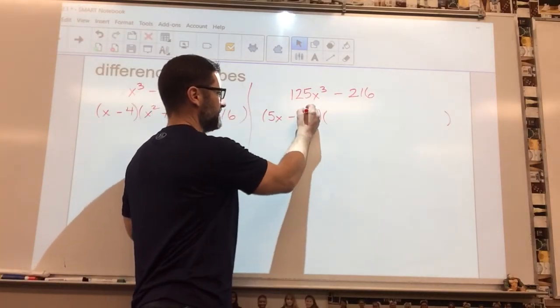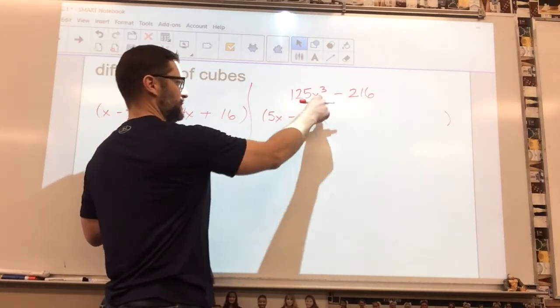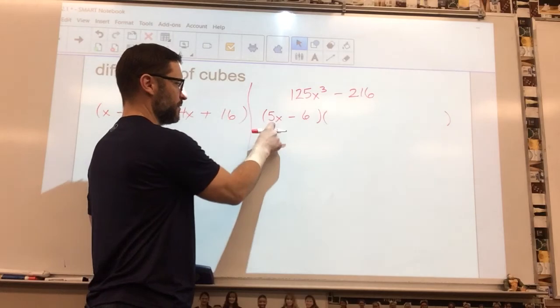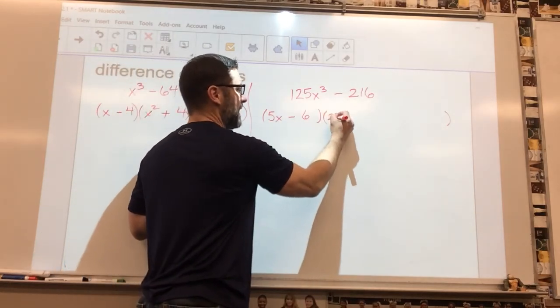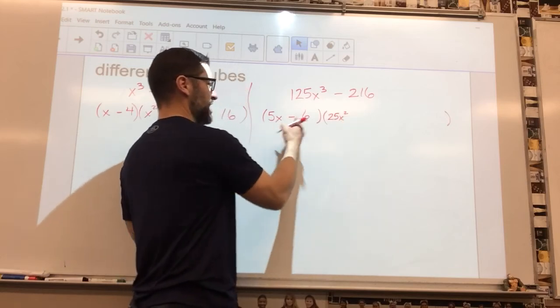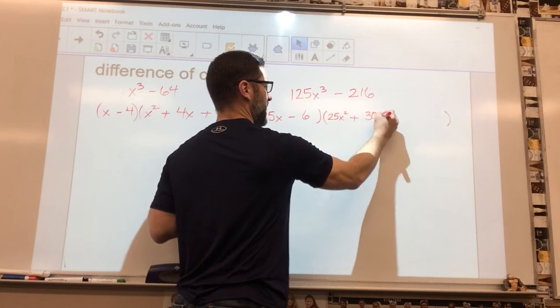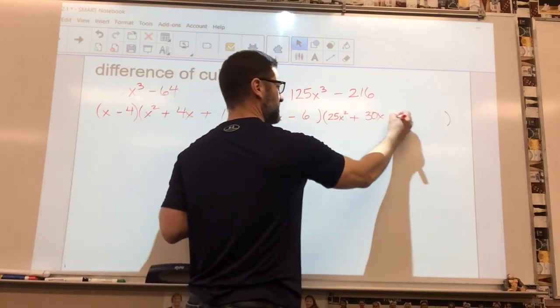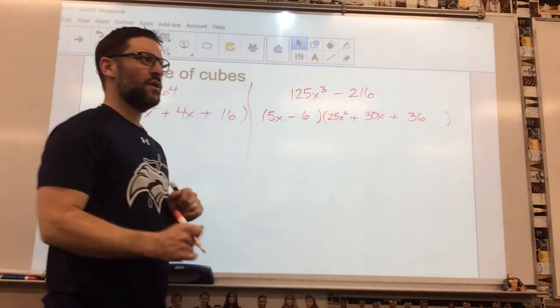So it's 5x minus 6. Cube root, same sign, cube root. Square the first term. So 5x, all of that squared will be 25x squared. Change the sign. Multiply the two together, 30x. Always plus, and square the last term, 36.